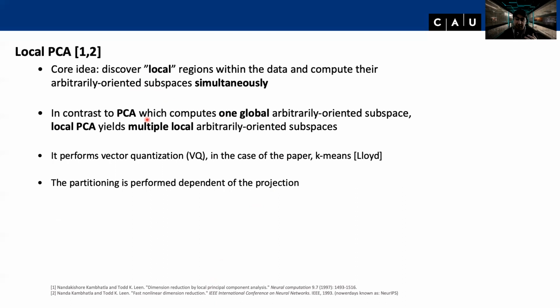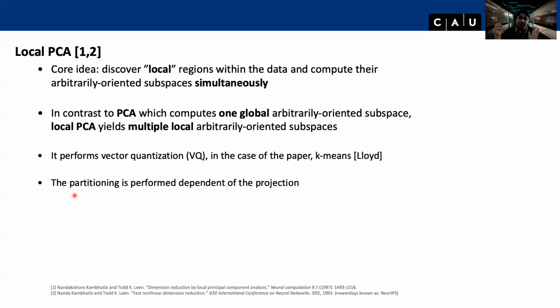And the way it actually achieves this goal is by performing a vector quantization, which boils down in this particular case of this work to applying k-means, as you know it from probably previous lectures. However, the interesting part is that this partitioning of the data is performed depending on the projection.